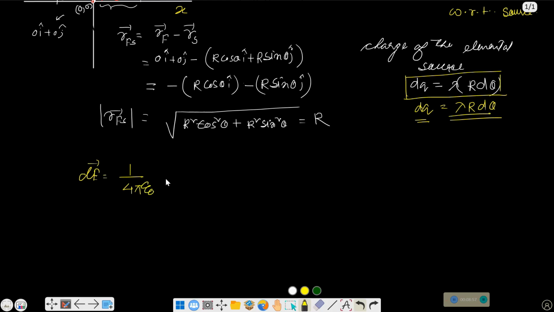If we put the parameters in the formula, it is 1 by 4 pi epsilon naught, dq by the position vector of field point with respect to source point q, this is the vector.